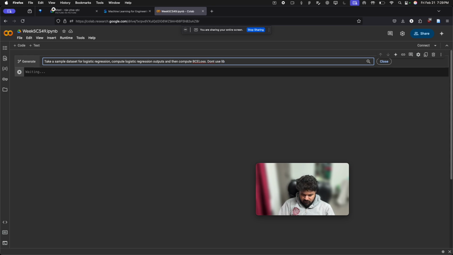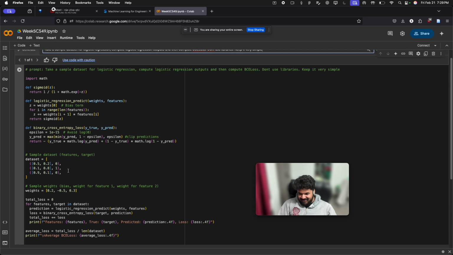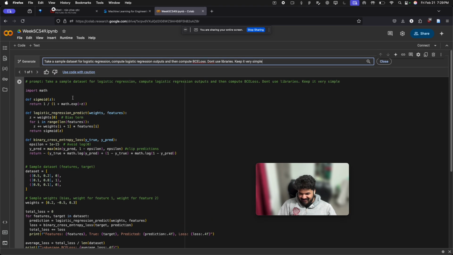Don't use libraries. See, I told it to write simple code, but it has written a lot of complicated code. Anyways, let me show you.